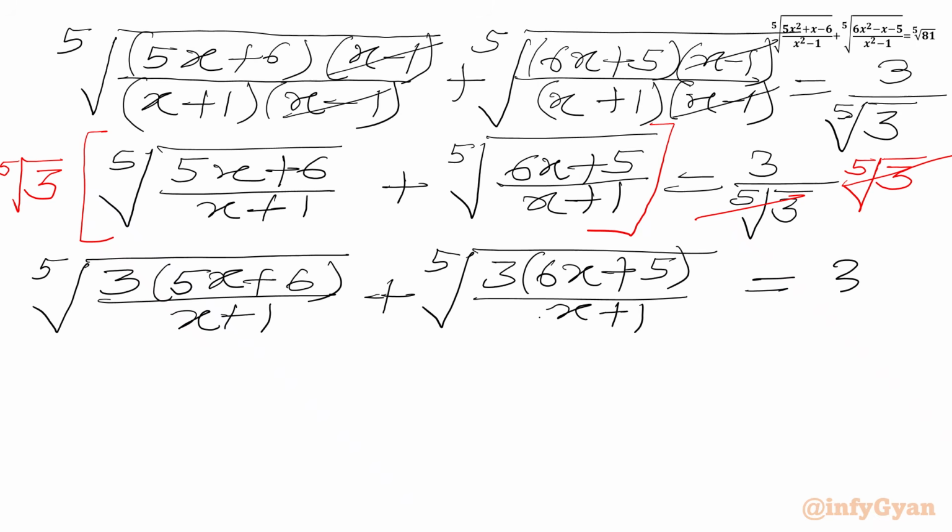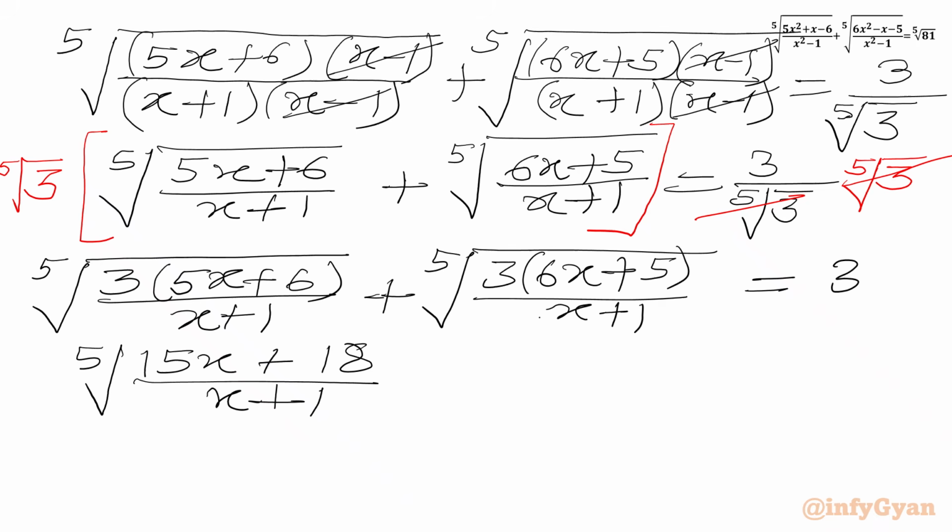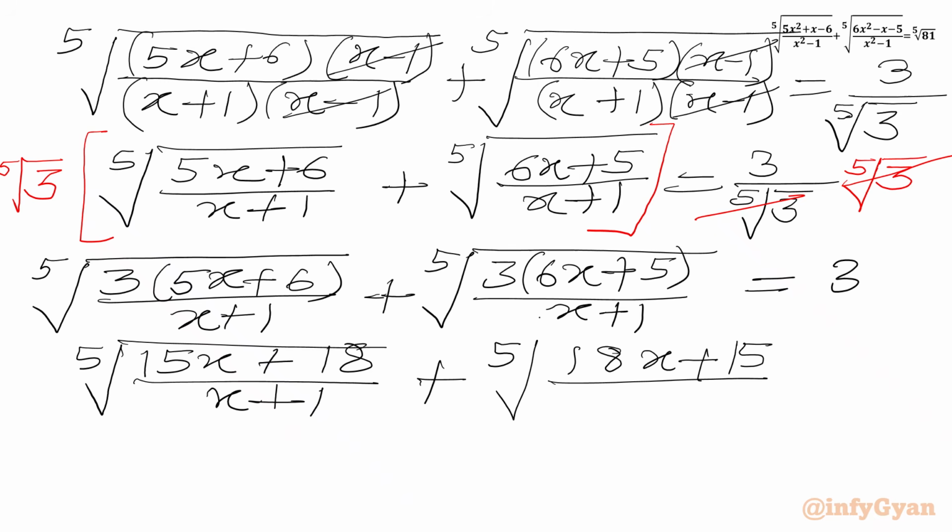equal to 3. So we'll be writing here fifth root of 3 times 5 is 15, so 15x plus 3 times 6 is 18, 15x plus 18 over x plus 1 plus fifth root of 18x plus 15 over x plus 1 equal to 3.